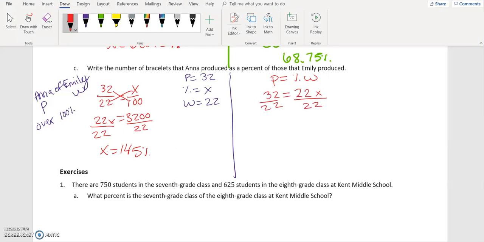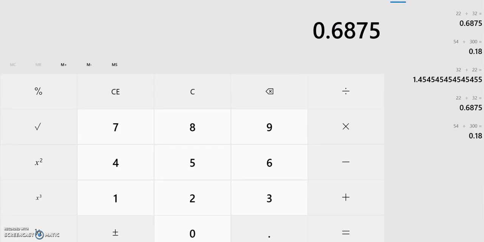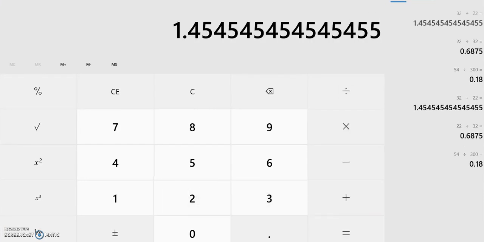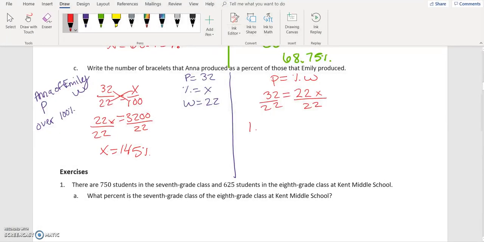So we've got 32 divided by 22, which gives me 1.45 repeating on forever, is equal to x. So you notice there's already a decimal. However, our numbers again don't match. One is 145, the other is 1.45.